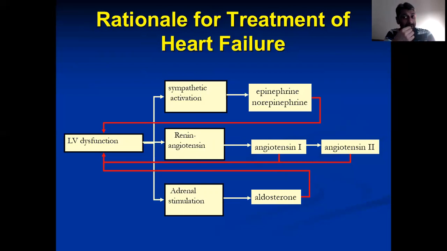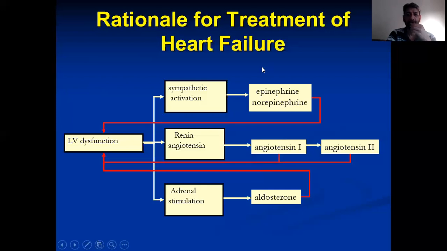Is he having any rhythm issues or not? What is his functional class? Is he improving on your conventional medical treatment? Then you can add on further treatments as well, which I'll conclude at the end. But in this chart, I'll just discuss the preliminary obligatory class 1 treatment for every heart failure patient.